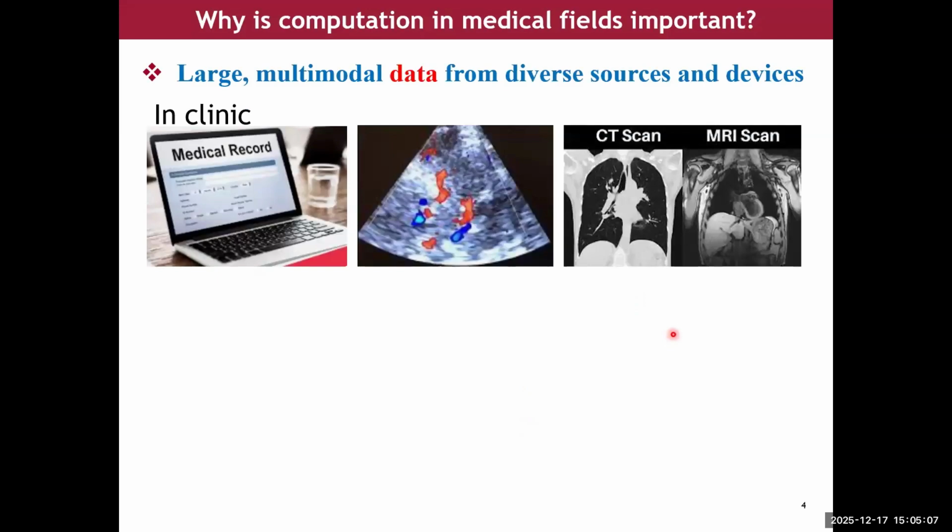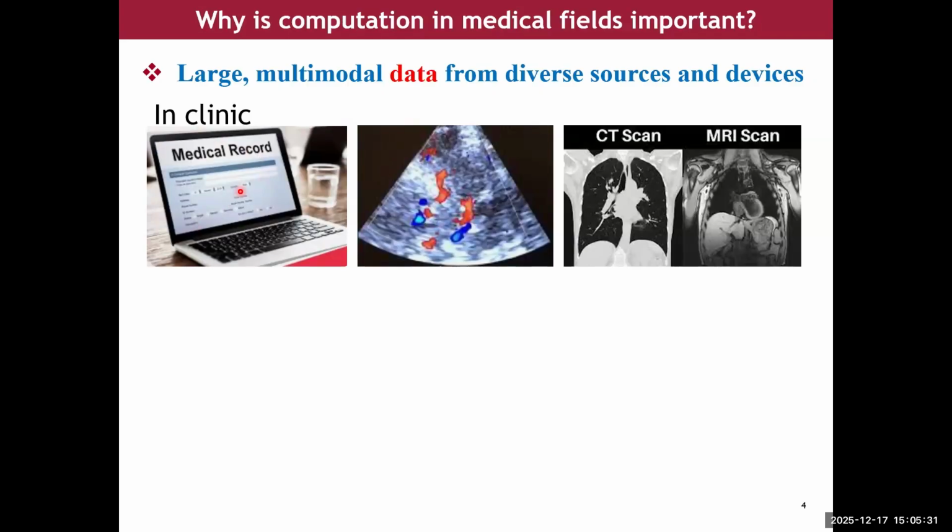So let's take a look at the variety of medical data. For example, if we go to the clinic, we see the doctor. Actually, a lot of medical data have been available. So for example, we can always see the doctors typing some clinical notes. So the clinical notes is one type of medical data which is unstructured.